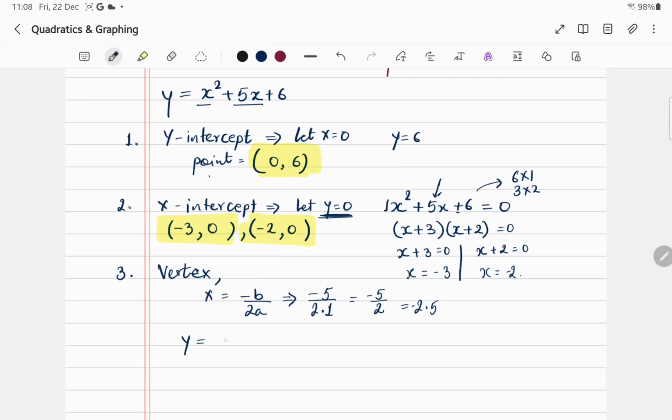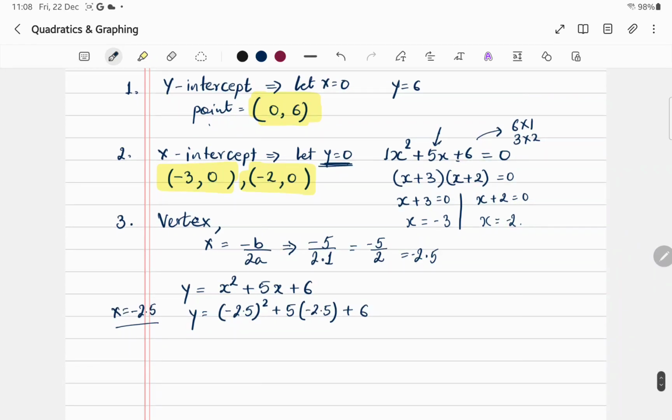So y is equal to, let's write the equation, x squared plus 5x plus 6, right? And x is equal to minus 2.5. So y will be equal to minus 2.5 squared, plus 5 times minus 2.5, plus 6.